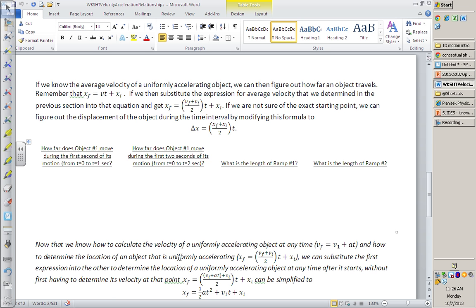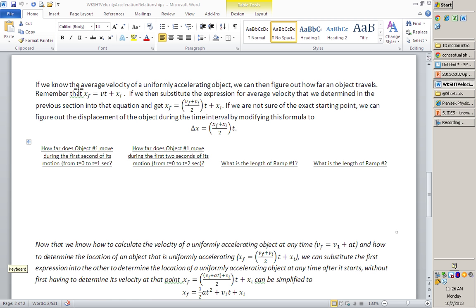On the back side, we start doing some math. I will not hold you responsible for how we get these equations. We really only need to know them. But just so you know where we get them from.